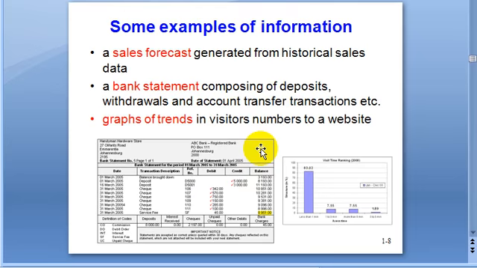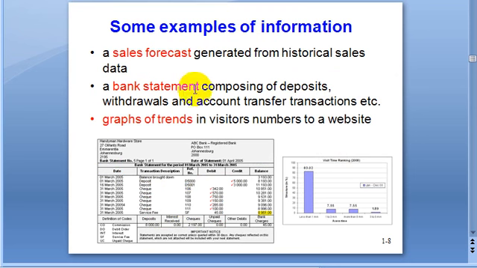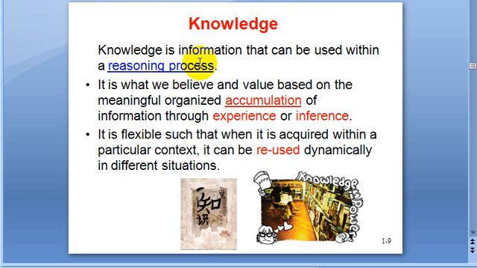So, of course, interpreted by the recipient, the user. So there's a meta perception, how much he understands and interprets the data, the phenomenon. So examples are sales forecast, bank statement, or chart of a trend, something like that.